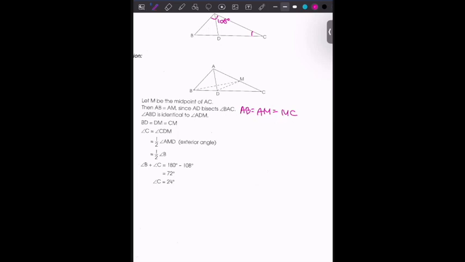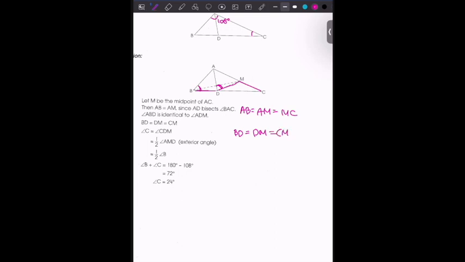And so AB is going to be equal to AM, and since AM is equal to MC, we have this relationship. And then angle ABD is identical to angle ADM here. These two are identical angles. And so we know that line BD is equal to line DM, and that line is going to be equal to CM, because DM equals CM.